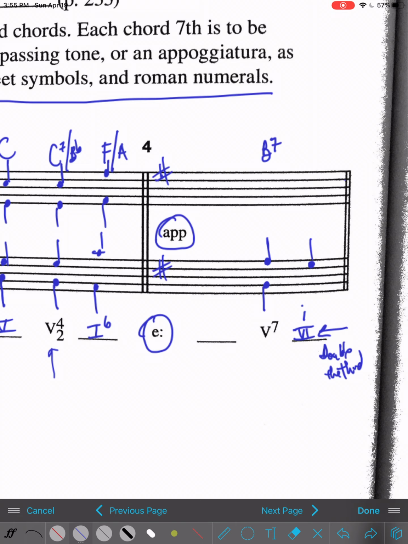Let's think about what chords could possibly come before 5. We could put 2 half diminished 6, right? Or we could put the 6/5 version with the 7th if that helped. We could put a 4 minor. We could also put a 1 chord if we wanted to. Okay, so that's kind of it, right?